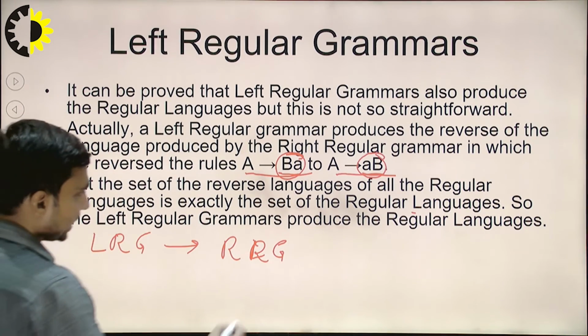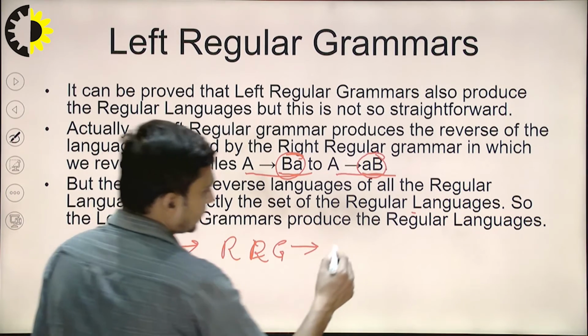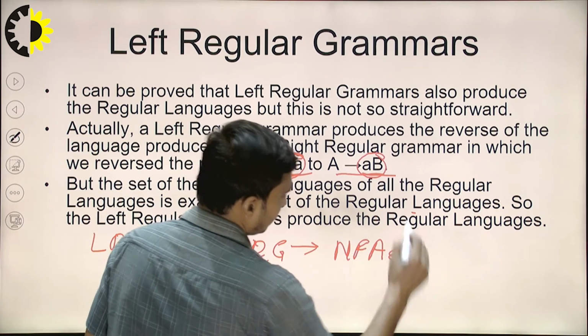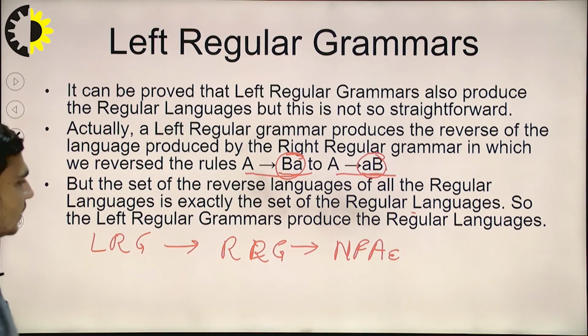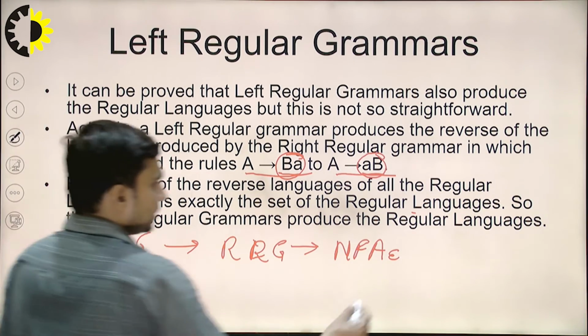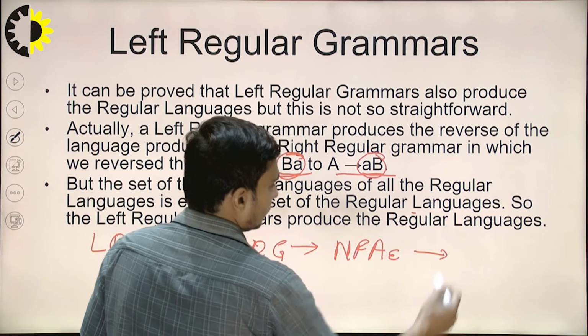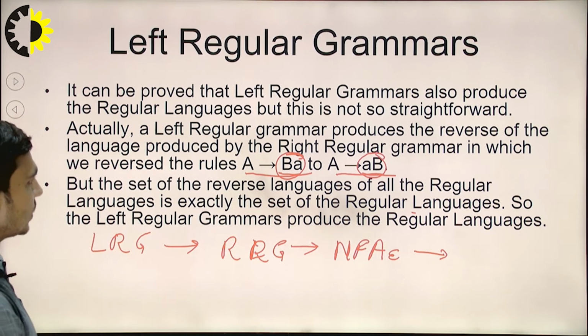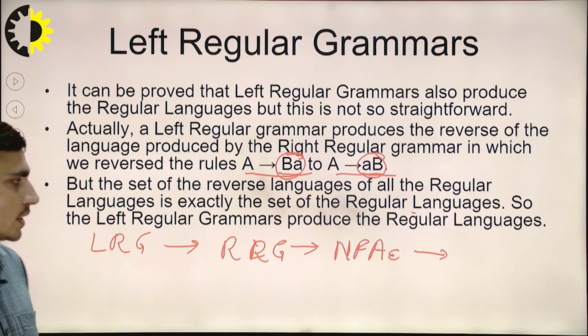After that, we will create an NFA with epsilon for that, and definitely that will generate a certain string. This is how we can show that a left regular grammar is also generating a regular language.